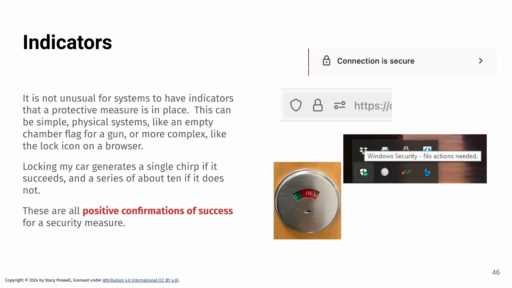Windows does this. Down in the system tray, you have a little indicator to say, hey, you need to turn this on, or this is not enabled for some reason, and you should fix it. And it'll often have little pop-ups that will warn you if something isn't right. These are positive confirmations of success.